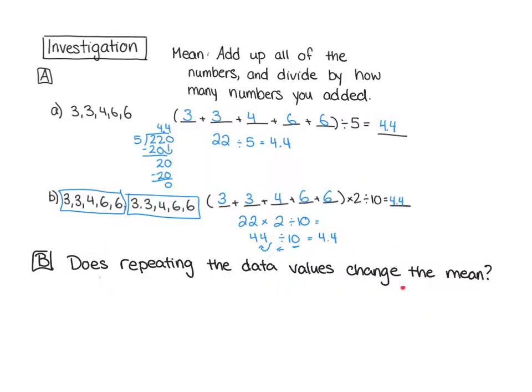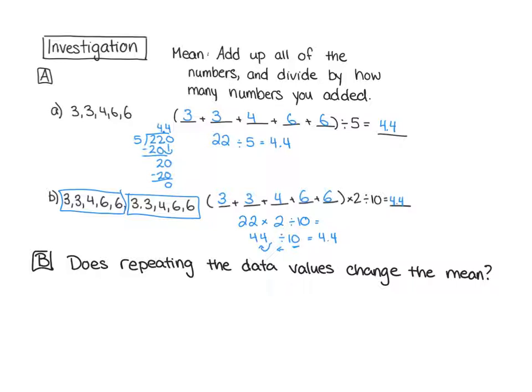Part B is going to ask you if repeating the data values changes the mean. So here we had our initial data values. Our average or our mean was 4.4. When we repeated the data values, it stayed as 4.4, because we still have to divide by however many pieces of data there are, or numbers in our data set.